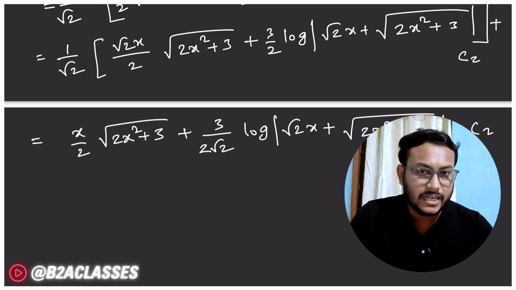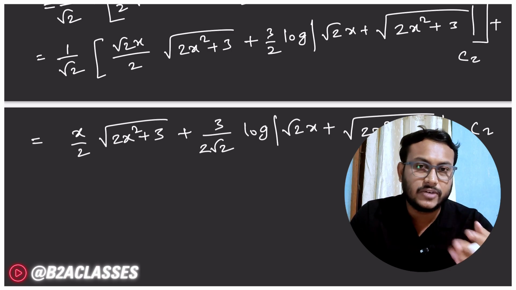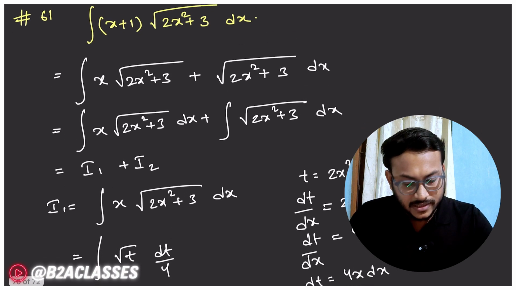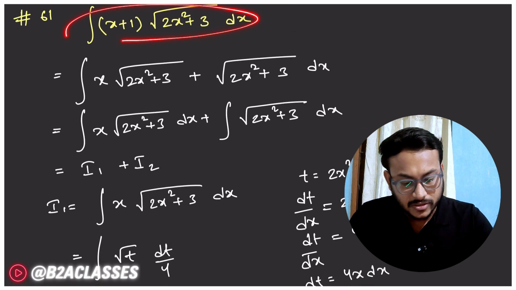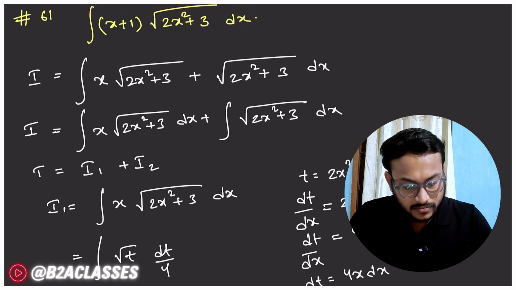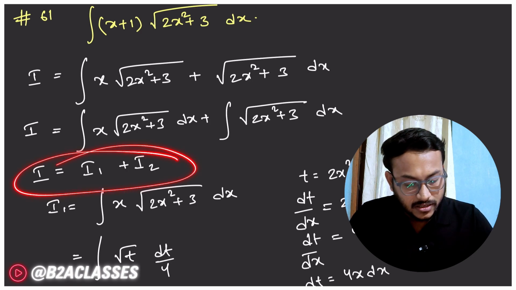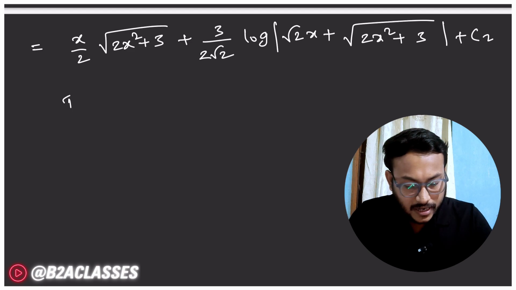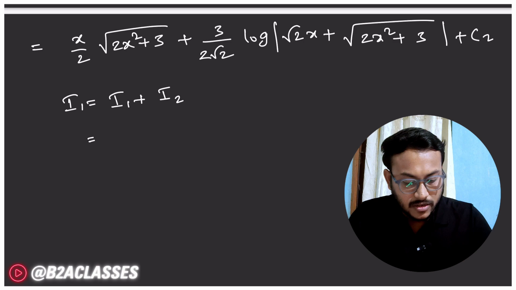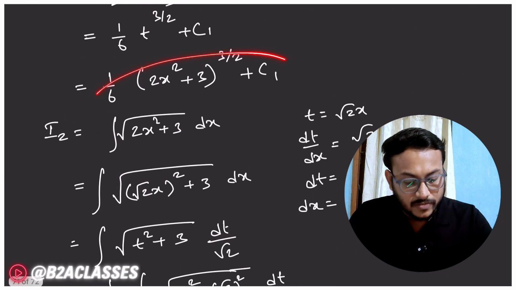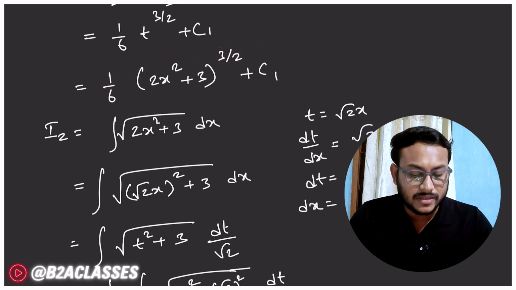Now we'll substitute the values of I1 and I2 in the equation of I. Let's say this original integration is I. So I is basically I1 plus I2. What was I1? I1 was 1 by 6 into 2x square plus 3 power 3 by 2.